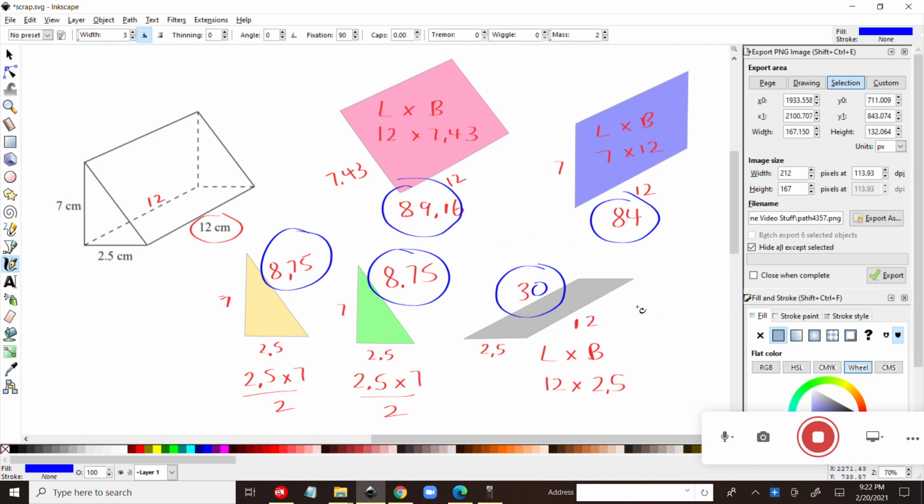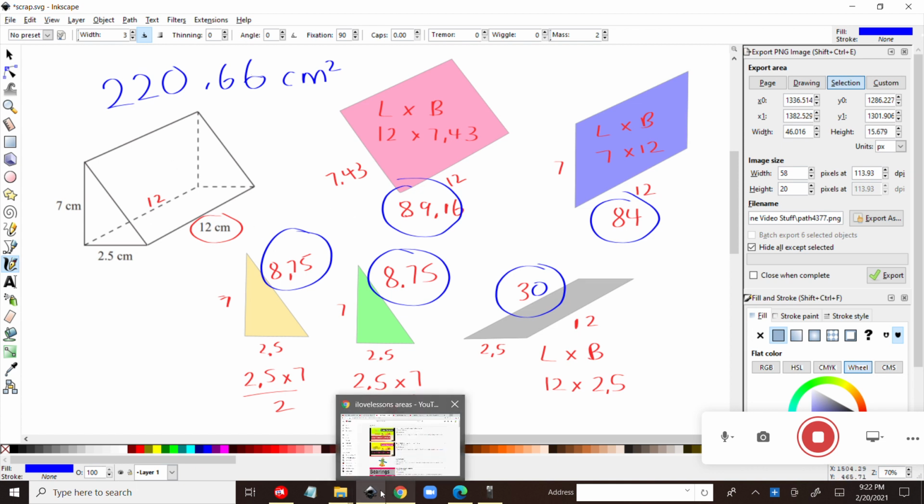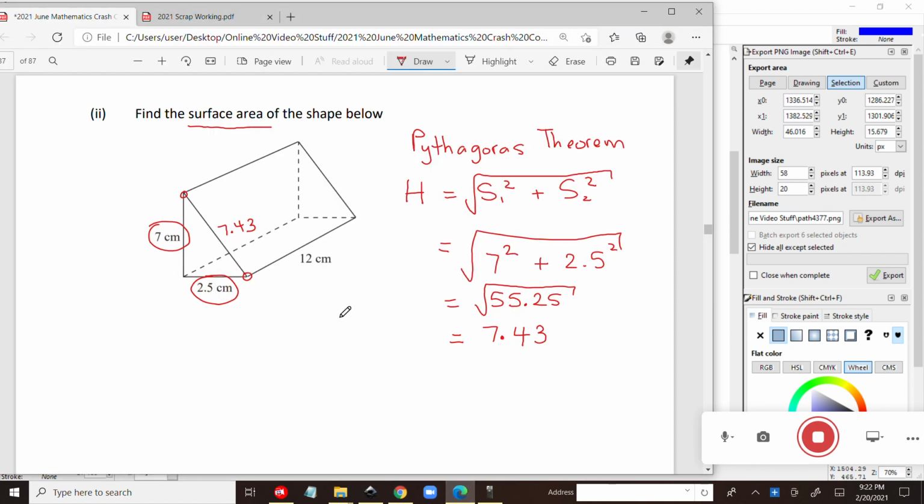And my final answer for this one, I'll write it here, is 220.66 centimeters squared. And that's it. That's the surface area of this shape. Okay? So let's move on. Let's put back the answer here.